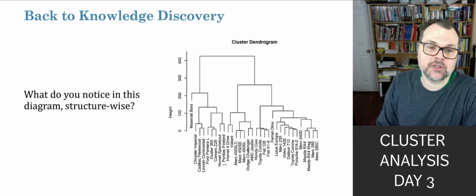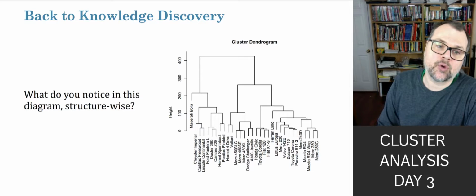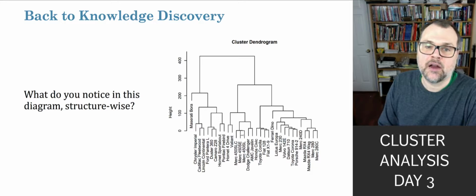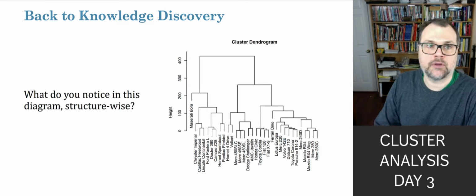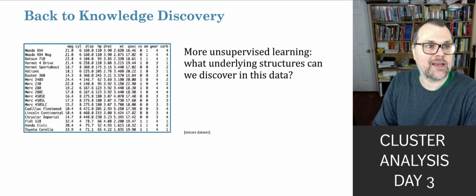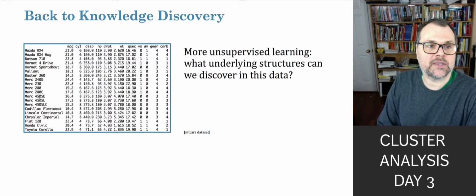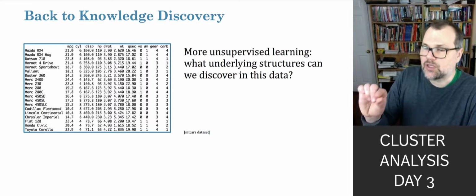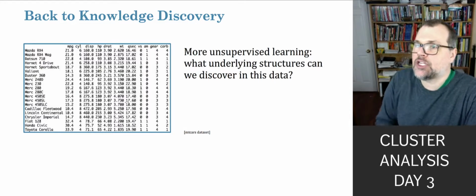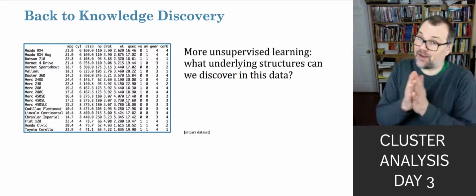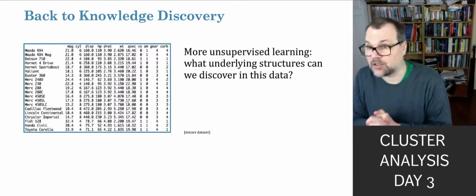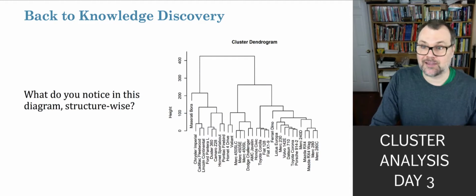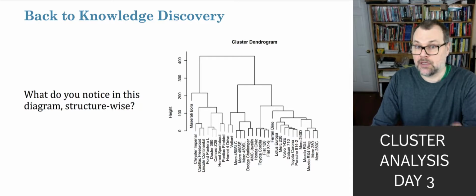And it certainly looks as though these two vehicles here, the Mercury 450 SE and the Mercury 450 SL, are considered to be the closest vehicles, the ones that are most similar. Is that surprising? Well, no, because they basically have not only the same measurements, it's the same car, just with a slightly different set of options. It's not surprising that they would actually be found to be the closest or the most similar cars. Even though we didn't scale the data set, the type of stuff that you would expect to see happening is what actually comes out here.